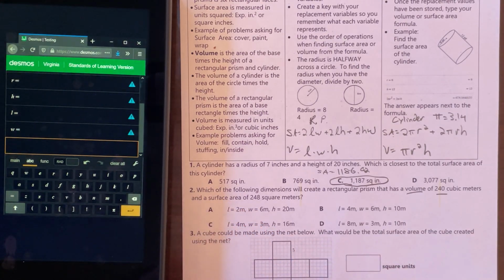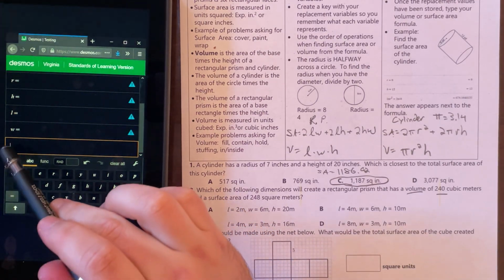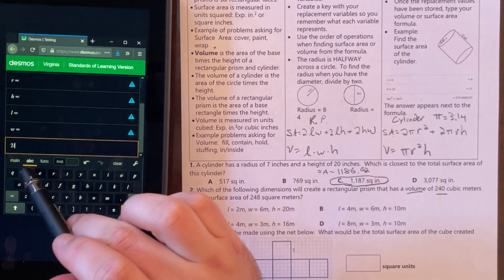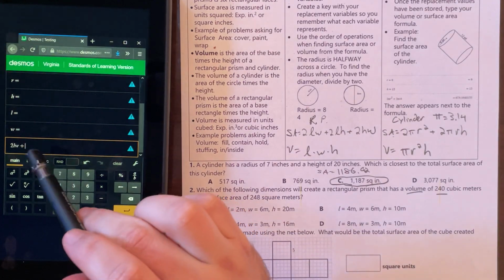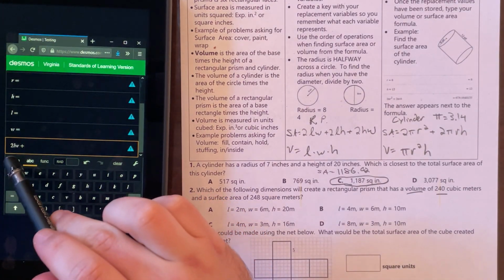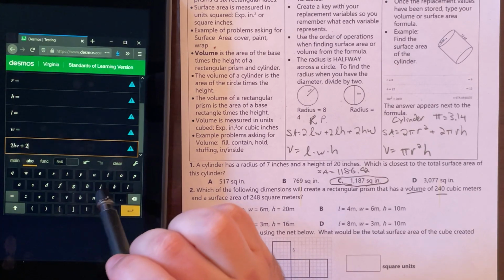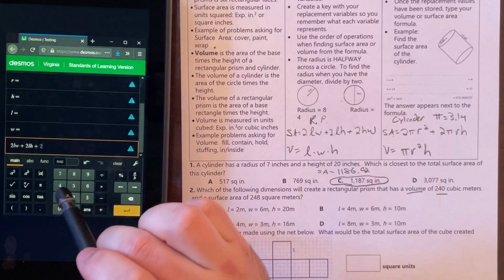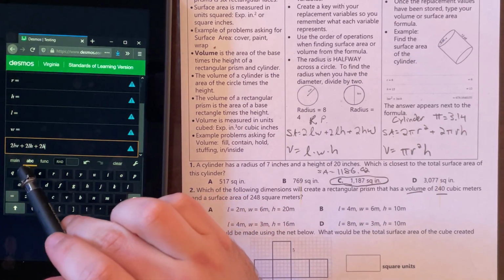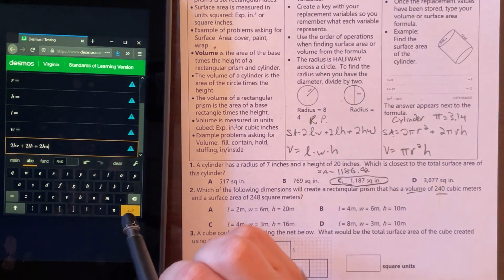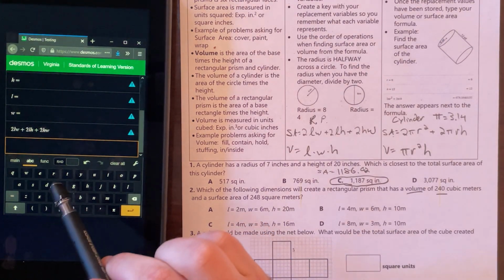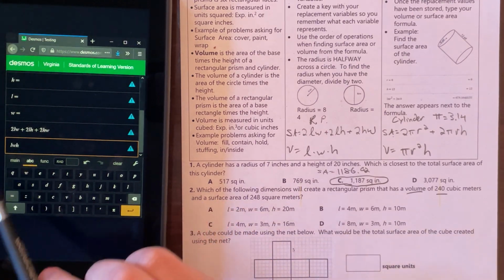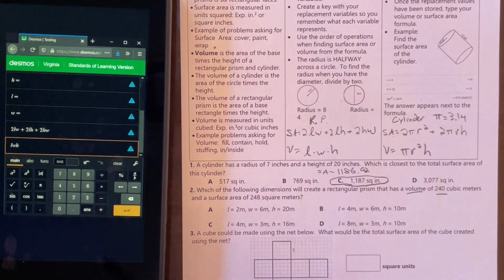Two formulas for that: 2 times the length times the width, plus 2 times the length times the height, plus 2 times the height times the width. And for our volume, it's just those three multiplied together: length times width times height. Again, that's only for the volume of a rectangular prism.